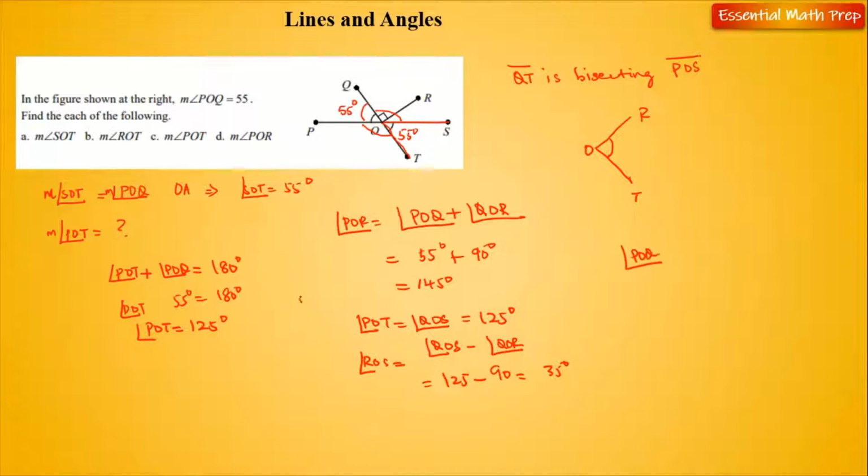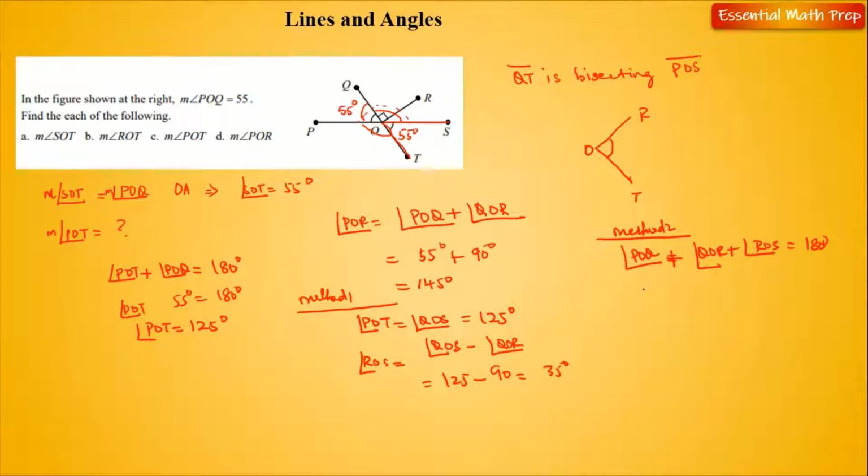This is method 1, which I've solved here. And method 2 would be, I'm just showing you more than one way because your brain may register one of these two. So POQ plus angle QOR plus angle ROS is equal to 180 degrees because this whole angle is 180.